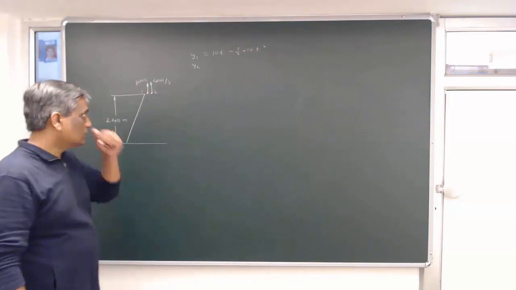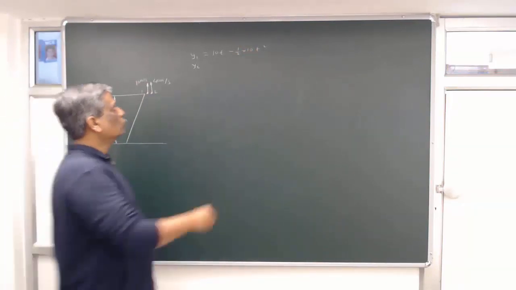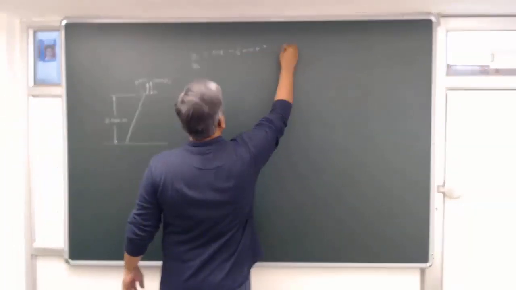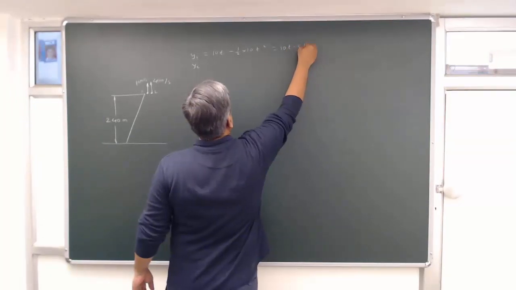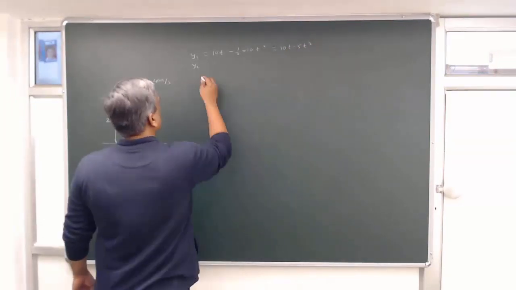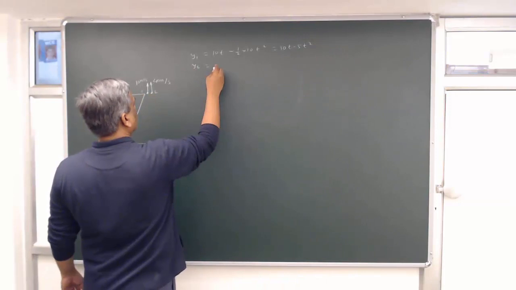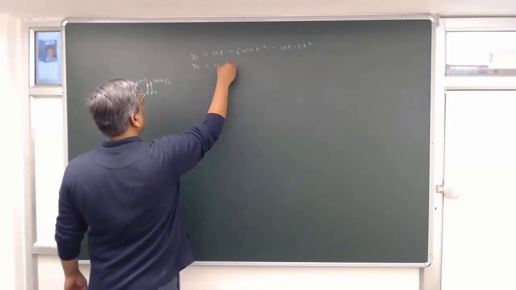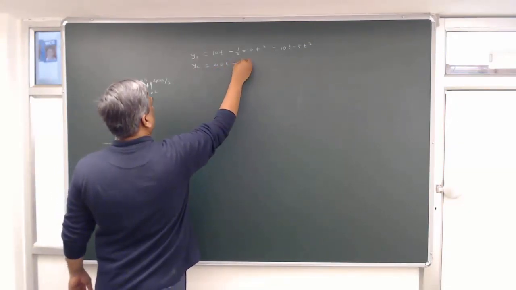G is given to be 10. So this is going to be equal to 10t minus 5t square. Similarly, y2 is going to be equal to, for second equation, 40t minus 5t square.